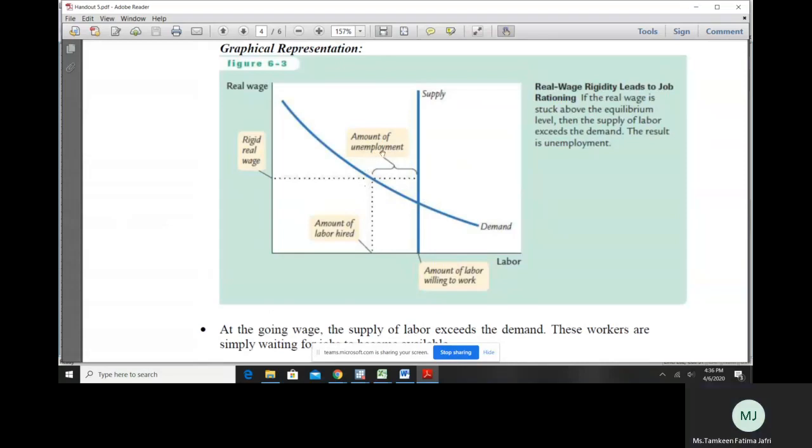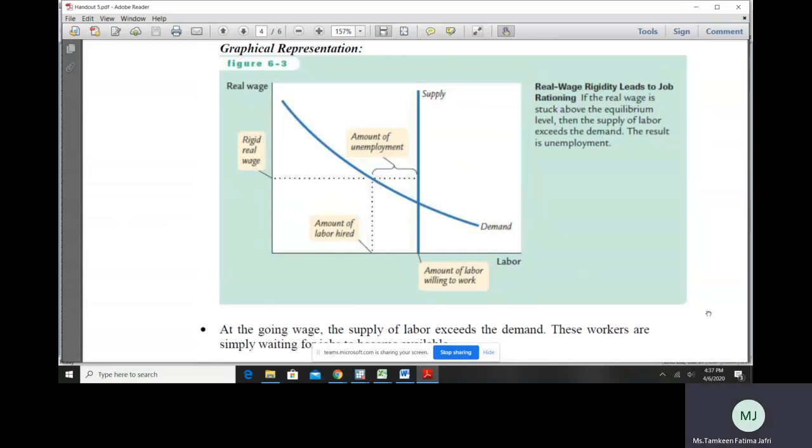So the union workers will benefit, the employees of POF will benefit, but outsiders who want to enter into POF or into railways or into PIA, many candidates will return disappointed because the number of jobs has been reduced now, because these organizations are being forced to pay higher wages.